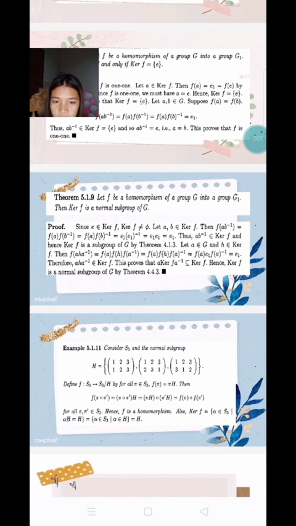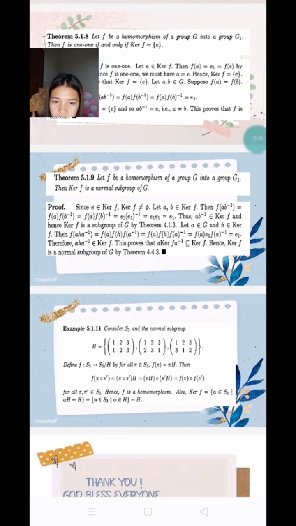Then f of pi composed with pi prime is equal to pi composed with pi prime H, which is equal to pi H composed with pi prime H, which is equal to f of pi composed with f of pi prime for all pi, pi prime in S sub 3.